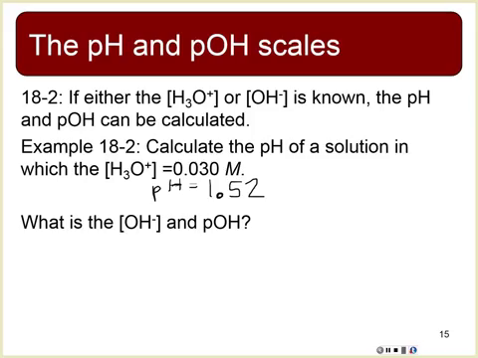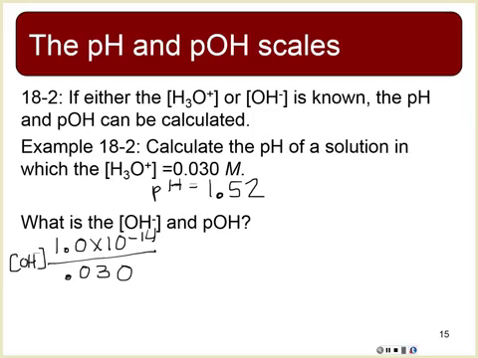We're going to take our 1.0 times 10 to the negative 14, divide it by 0.030 to give us hydroxide. So this is what we did right here. And we get 3.33 times 10 to the negative 15. That's molarity, it's concentration.